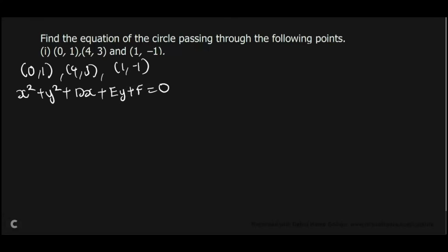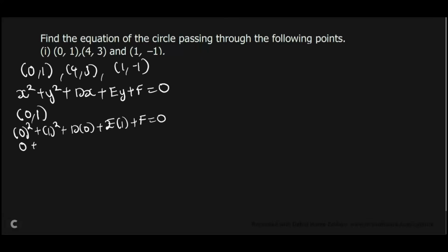So we need to get one of the points where the circle was passing, 0, 1, right? Let's get that one. In the x-axis it is 0 and in the y-axis it is 1. So let's start substituting. It is 0 there, squared, plus y is 1 squared, then plus d times 0, then plus e times 1, plus f equal to 0, right?